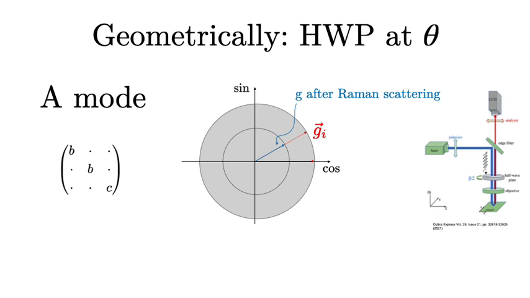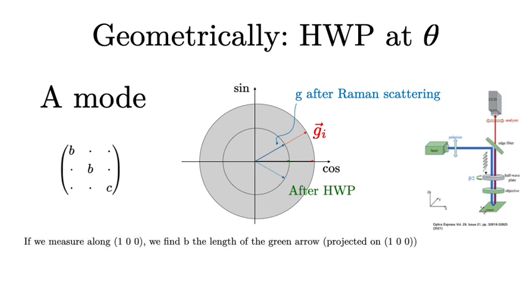And then after that, you go again through the half-wave plate. The half-wave plate is first to invert and then to rotate by the same angle, right? So you see that in this case, the fact that we have inverted and rotated gives me a vector that's along the cosine, so the x-axis. Okay? Make sense? If we measure the Raman scattering along this axis, so along 1, 0, 0, we find the length of the green vector.